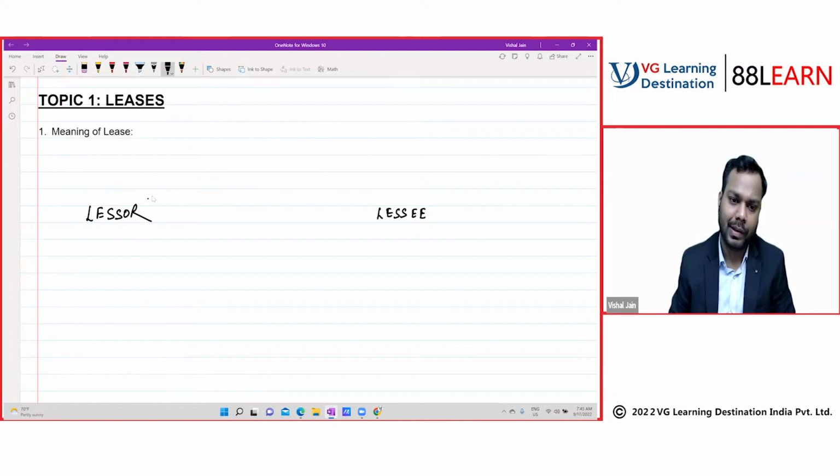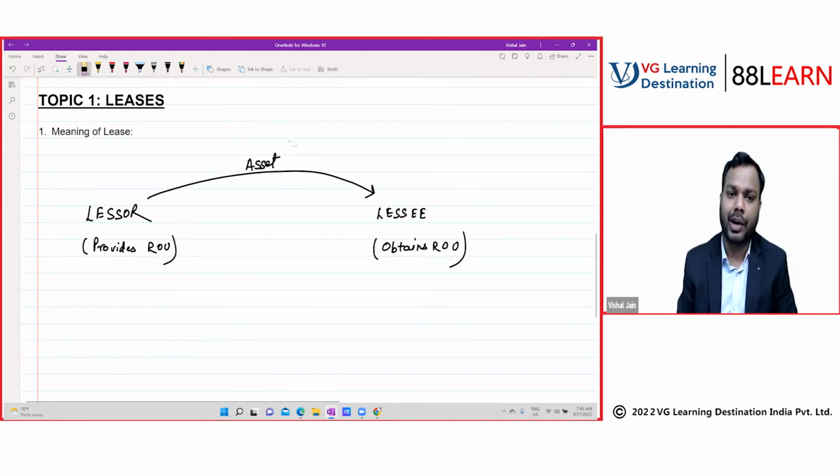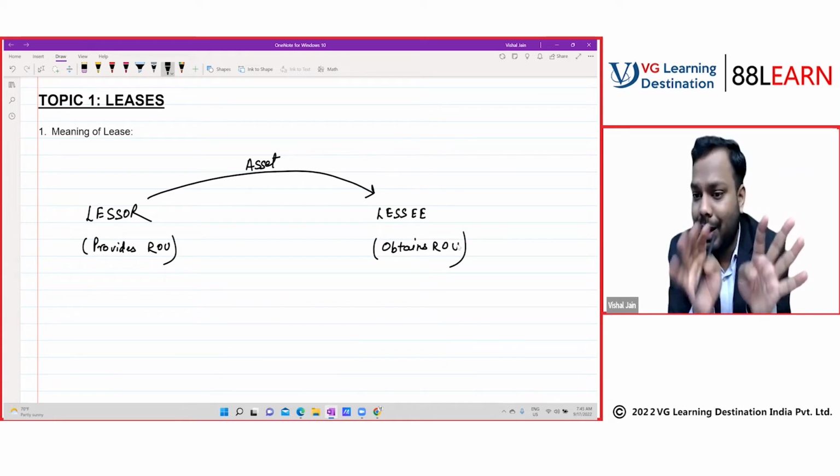Now the lessor has given the asset to lessee, right? Who is lessor? Who provides right of use, and who is lessee? Who obtains right of use of the asset. So lessor is a person who gives the right of use of the asset to the lessee.